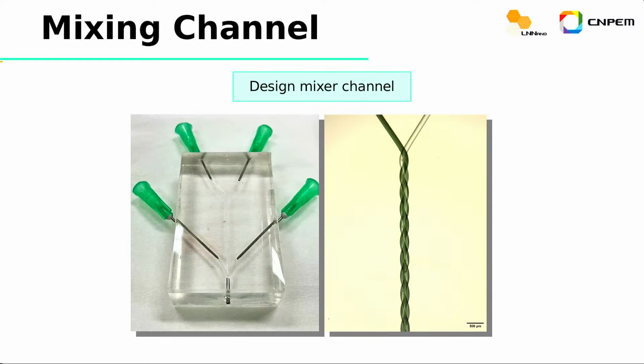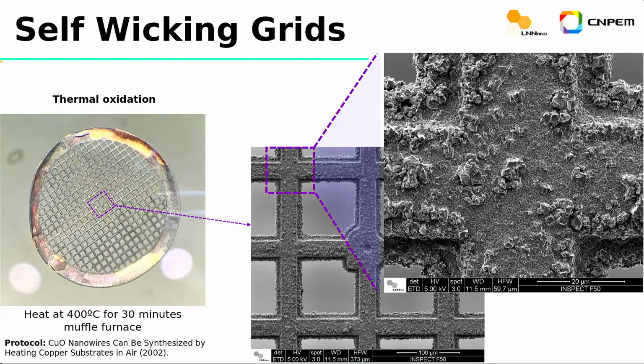nanowires. On top of your grid, you grow nanowires, which are in touch with the carbon layer of your grid. To grow nanowires, there are physical and chemical methods. Physical methods, like you just hit the copper, and we tried to go for that. And again, ta-da, disaster. We tried to repeat the method that we have in the literature.